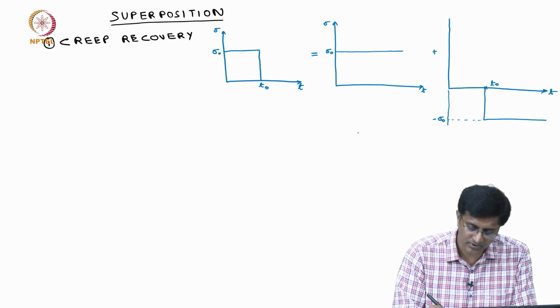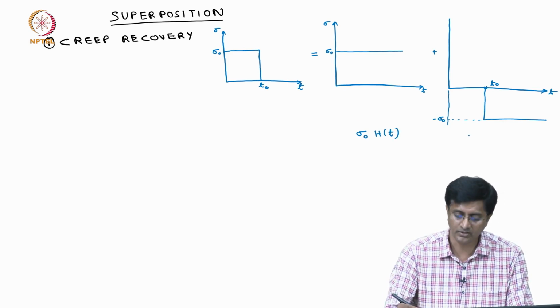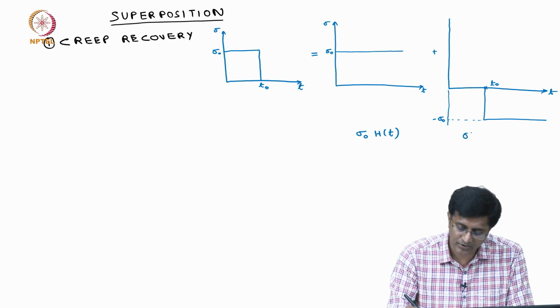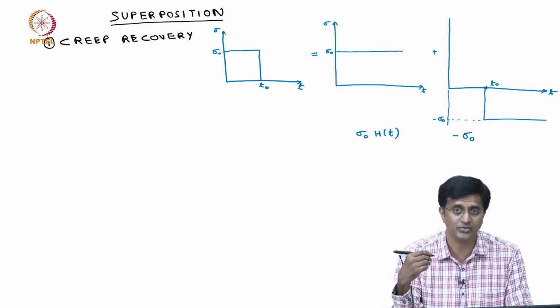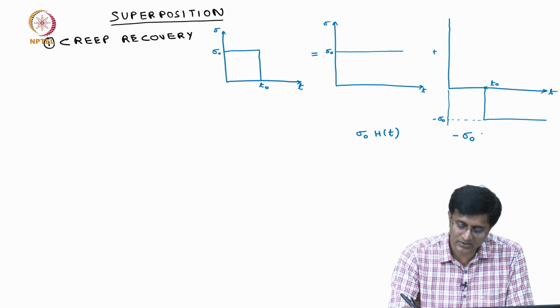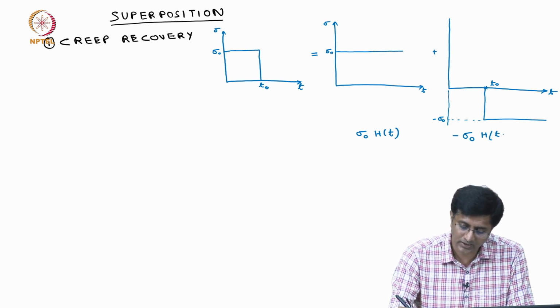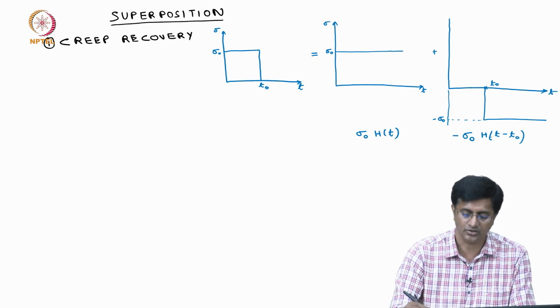The first step function is simply sigma naught times h of t, and the second step function has the same magnitude sigma naught with a negative sign, because now we need it to negate the first step function. And when does the step occur? It occurs at time t naught. So, we write it as h of t minus t naught.